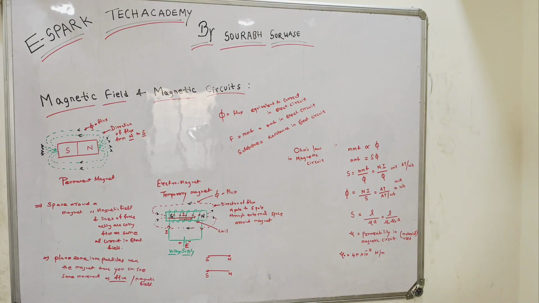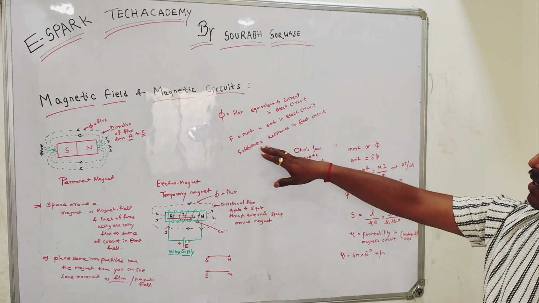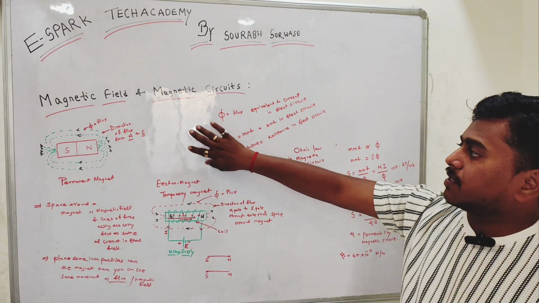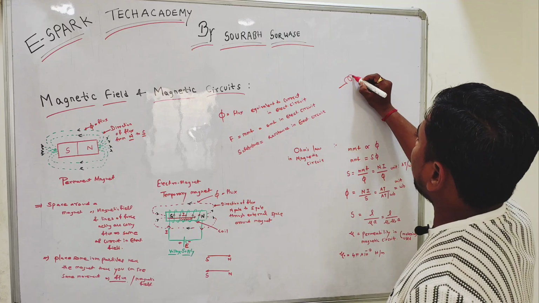Now, as we have gone through electric field and electric circuit, in the same way we are going through the magnetic circuit. In a magnetic circuit, this is a coil.